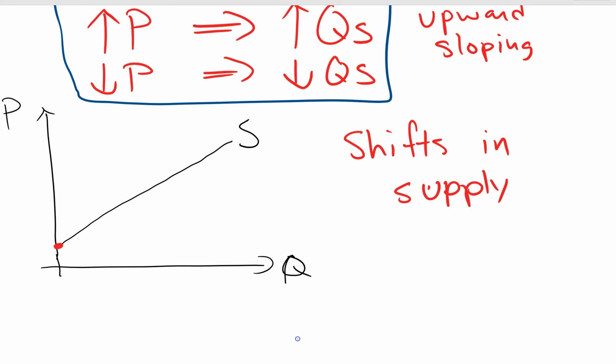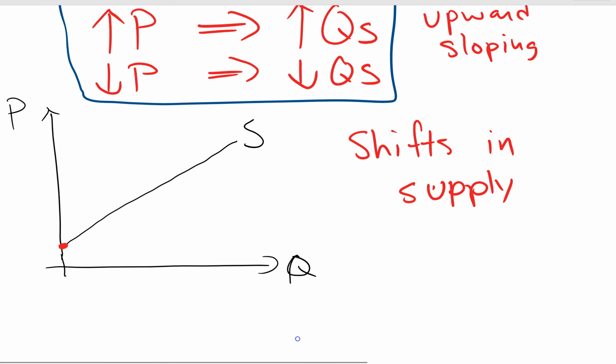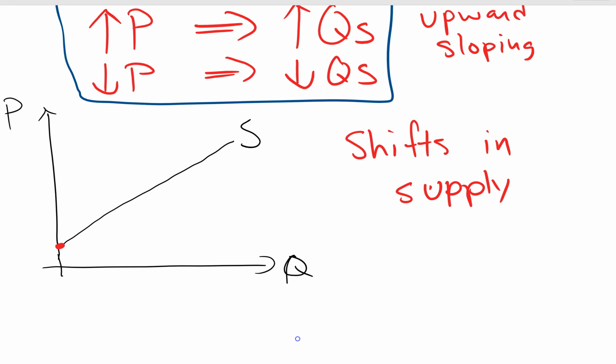Contrary to what you might be thinking, you're probably thinking it's going to shift up and down. Well, it's going to be the same as the shift in demand. What we're going to call a shift is at the same price. Like imagine this price here. Then an increase in supply would be they want to sell more. So even if the price were to remain the same, they now want to sell more.